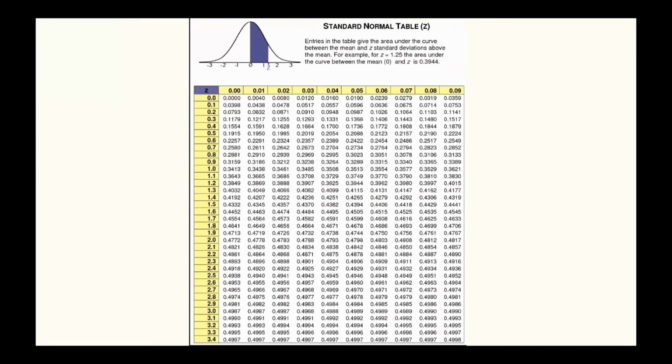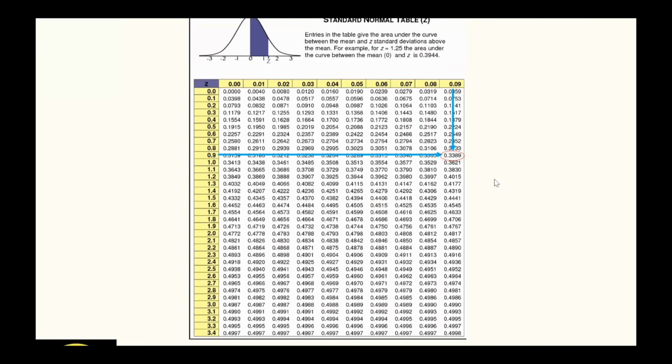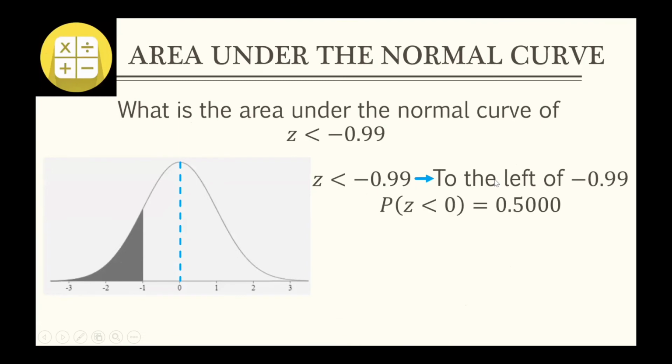Using the normal table for z, we're going to get the area of negative 0.99 to 0, that is 0.3389. So here, we are going to take note of that.